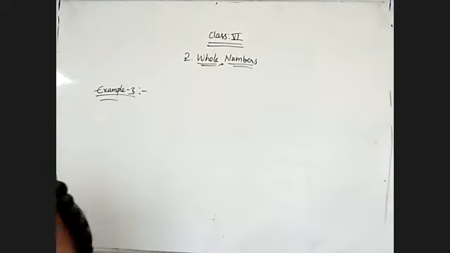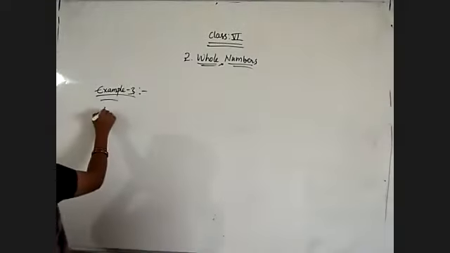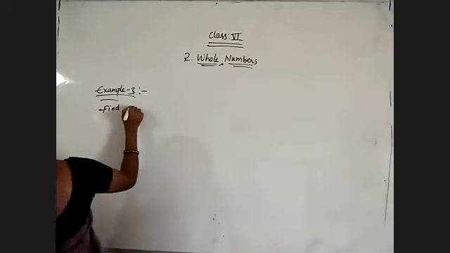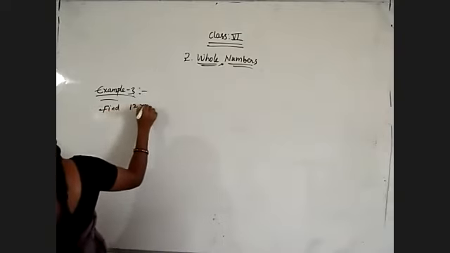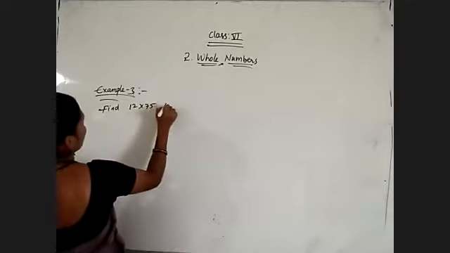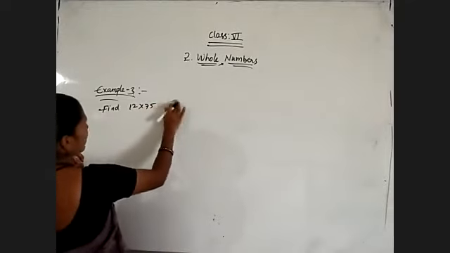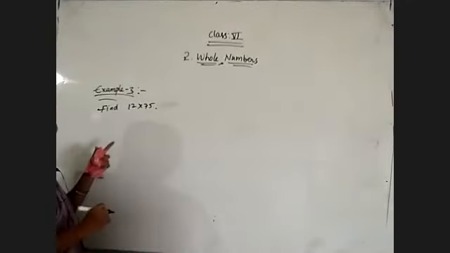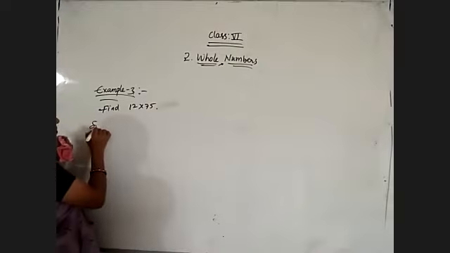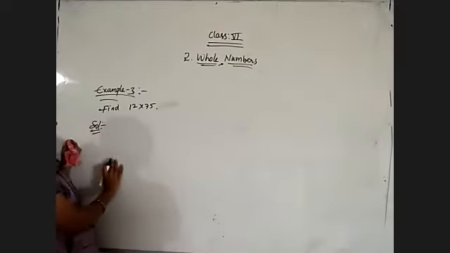Now my example is: find 12 into 75 using the proper property.